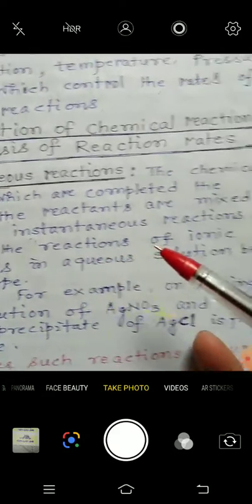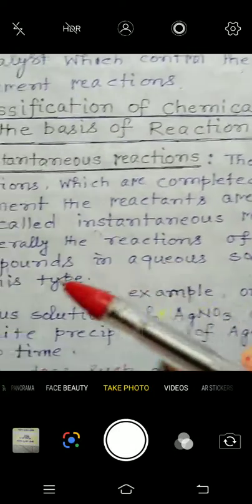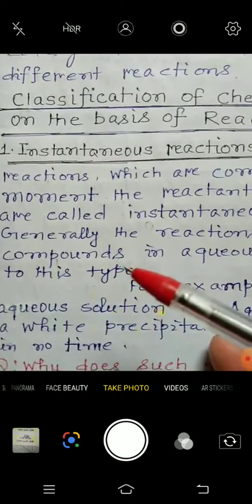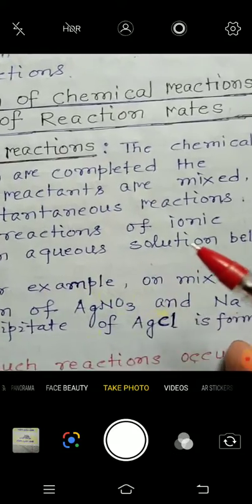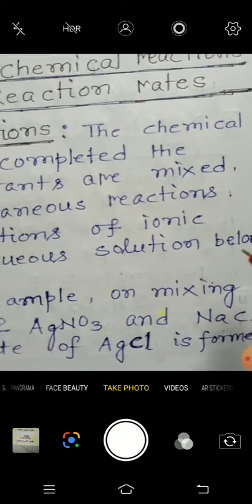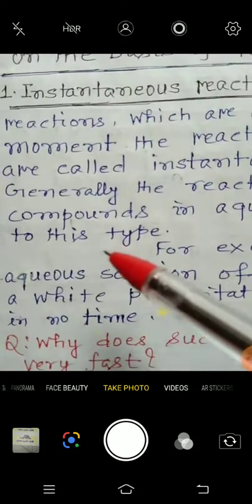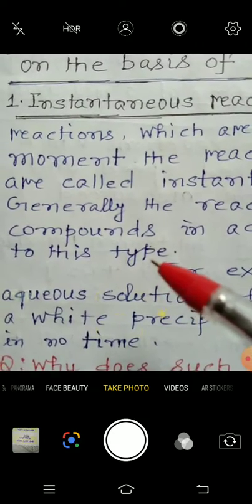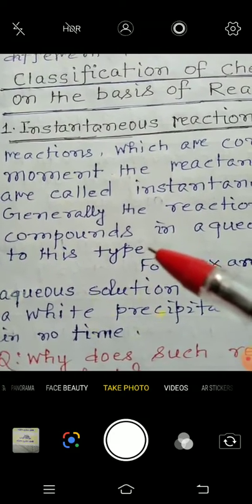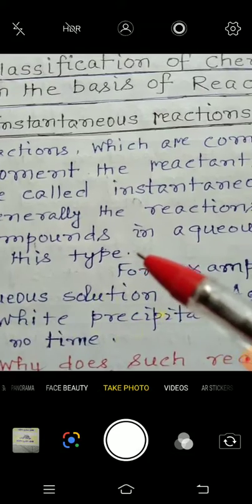Generally, the reactions of ionic compounds in aqueous solutions belong to this category or type. This means this reaction takes place very fast.